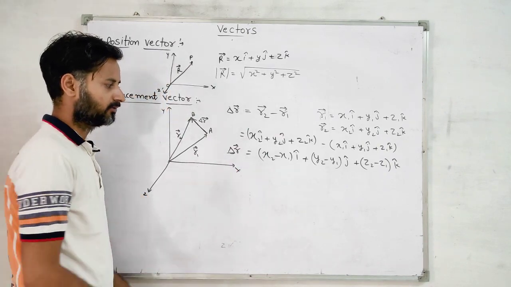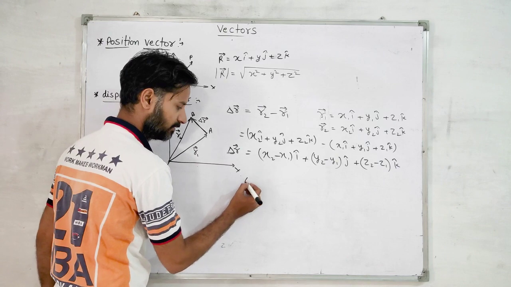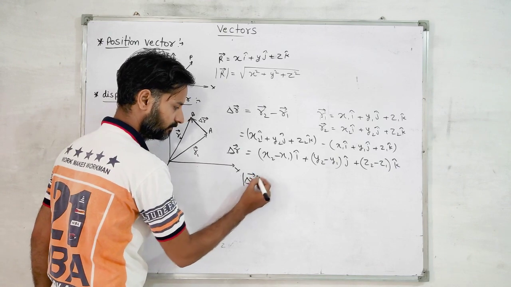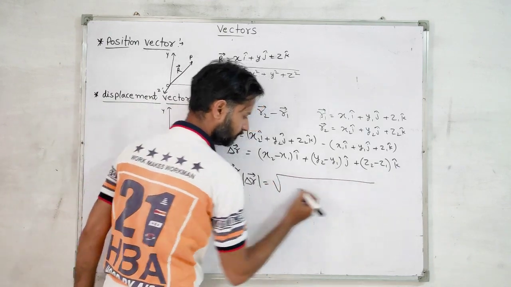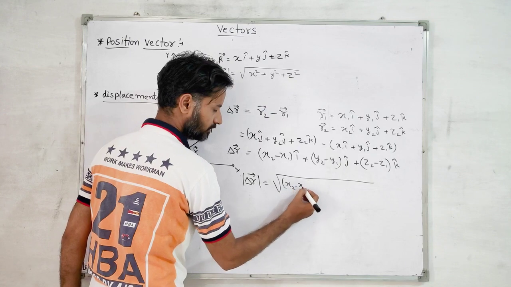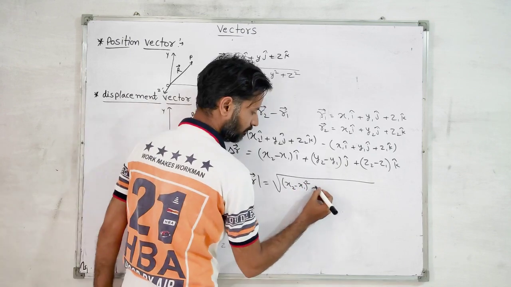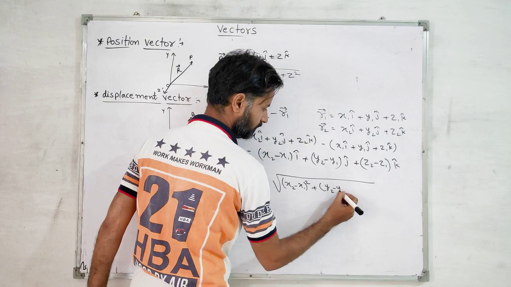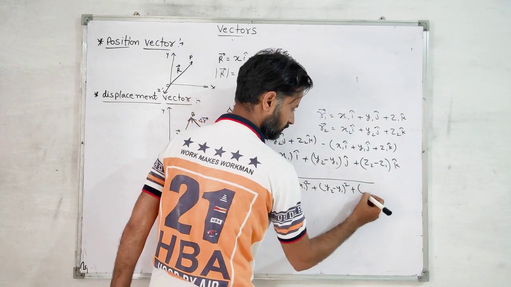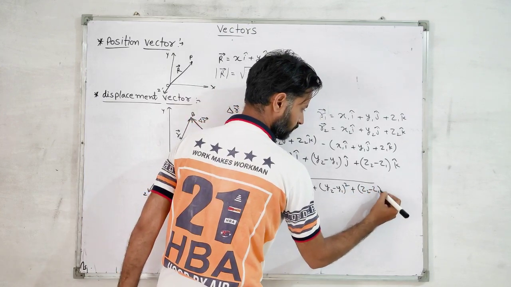If we want the magnitude of the displacement vector, it can be found by the square root of x2 minus x1 whole square plus y2 minus y1 whole square plus z2 minus z1 whole square.